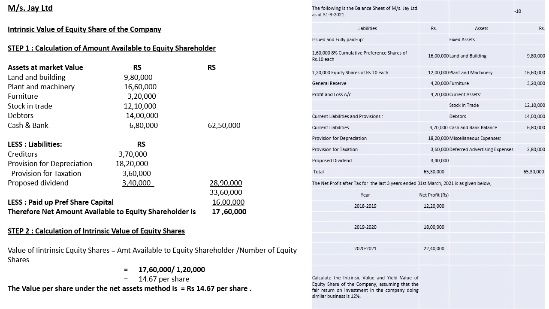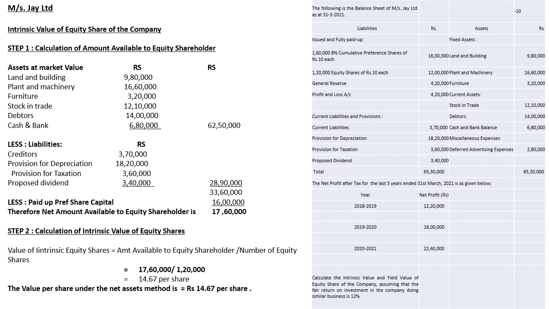Then you will do the calculation of step 2, where you find out the intrinsic value of equity share. What is the formula? It's very easy. Amount available to equity shareholders, that is your first step answer, divided by number of equity shares. How many shares are given here? It is given 1,20,000 equity shares of rupees 10. So the number of equity shares is 1,20,000.